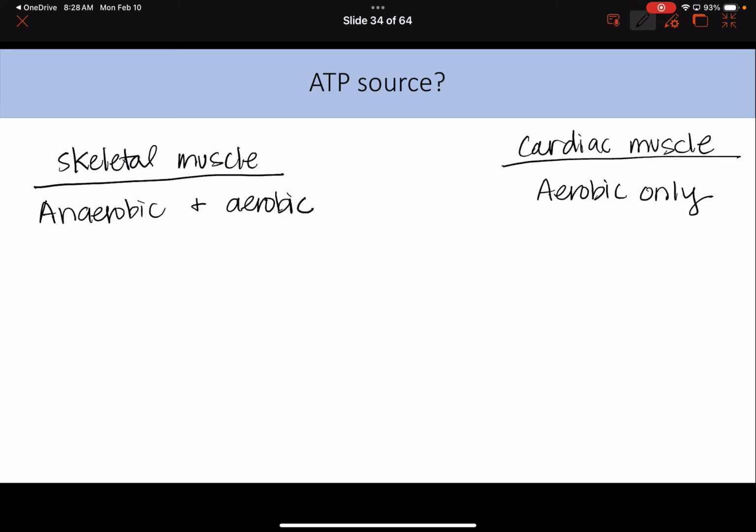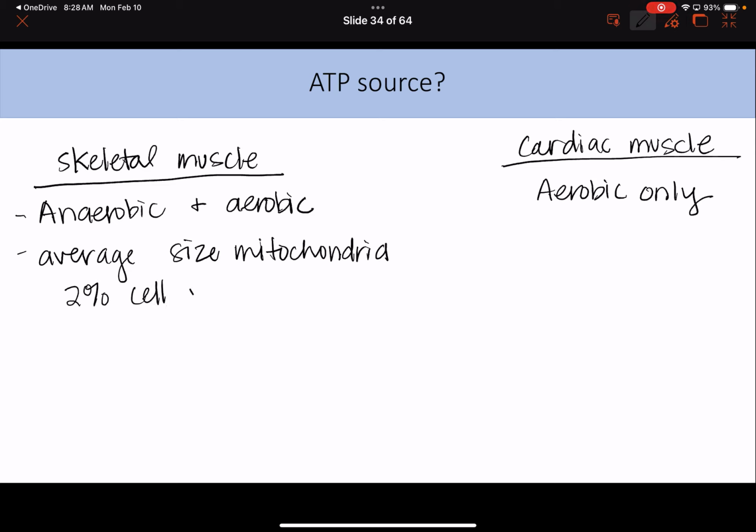Now, in your lecture notes, it already says that these skeletal muscle mitochondria are of average size. They're average size mitochondria, and they only take up about 2% of the cell volume of our skeletal muscle cells.